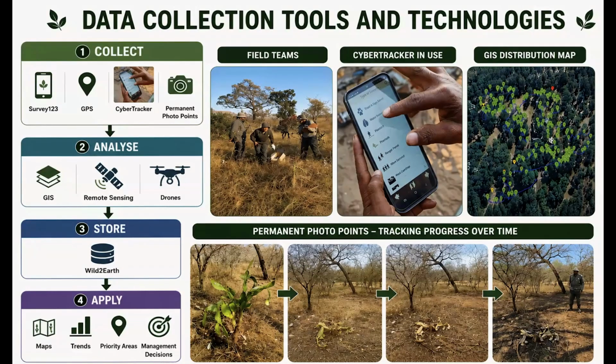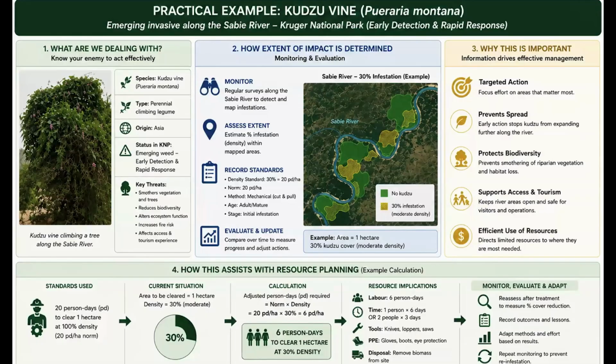So whatever system that you adopt must be a system that is sustainable within the environment. And also just going back to simple monitoring tools such as the clipboard and a paper and a simple GPS, it still works. So you don't need a fancy system to be able to implement monitoring within your reserve or your space of operation.